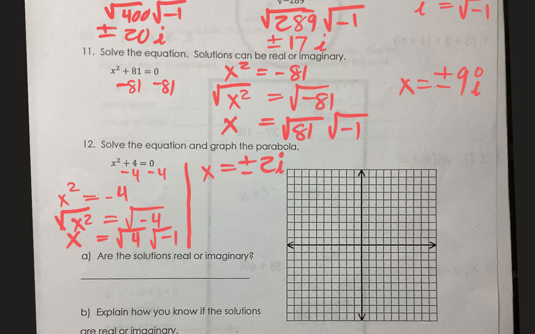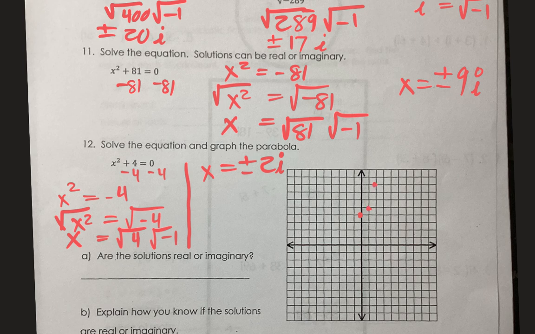All right, very good. So now we need to graph this because they gave us this graph. X squared plus 4. We know that our y-intercept, in this case, h is 0, k is 4, 1, 2, 3, 4. And to do my graphing, go over 1, up 1, over 1, up 3.